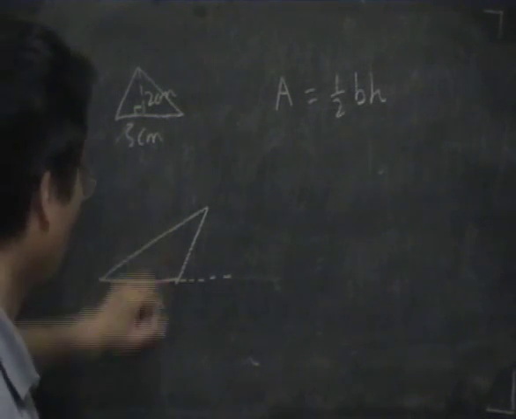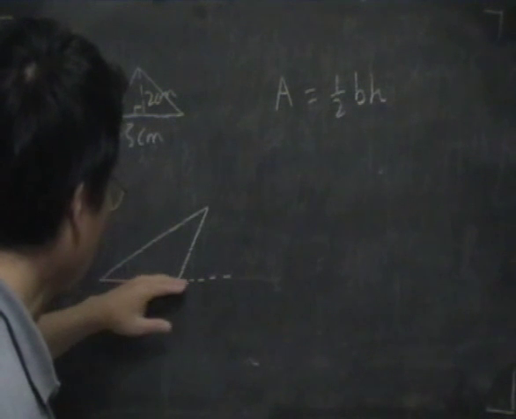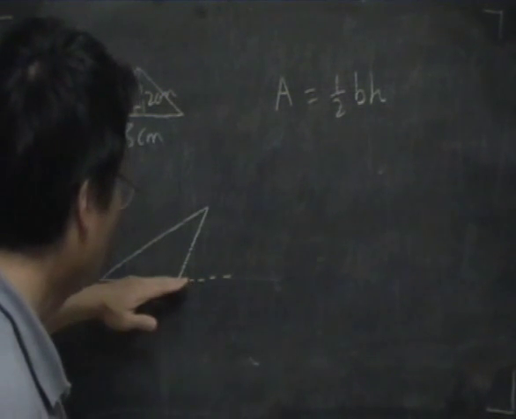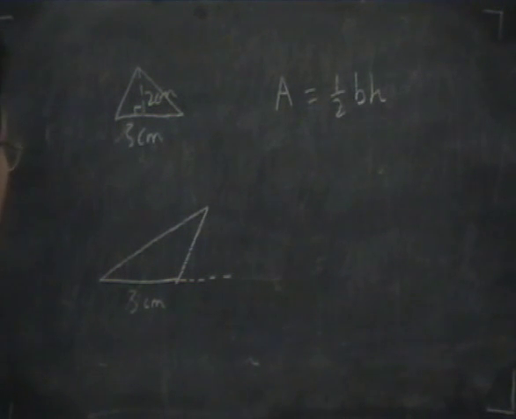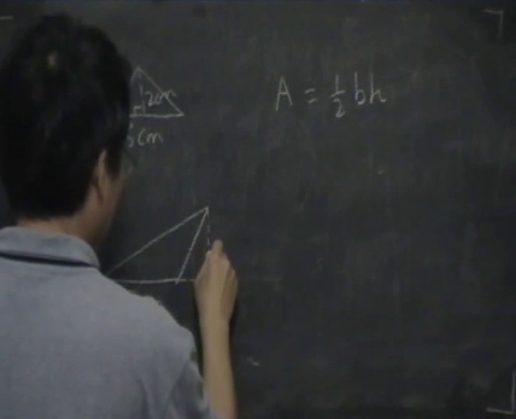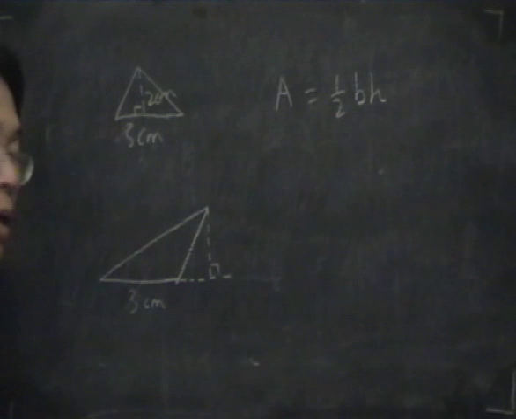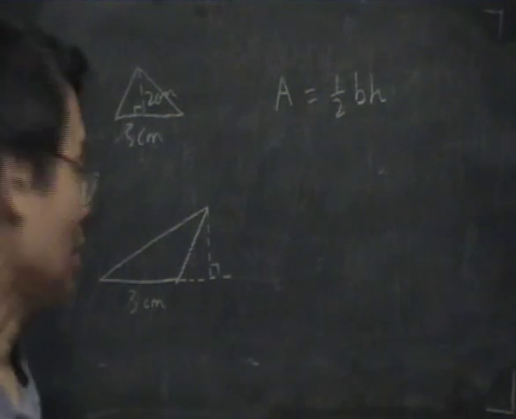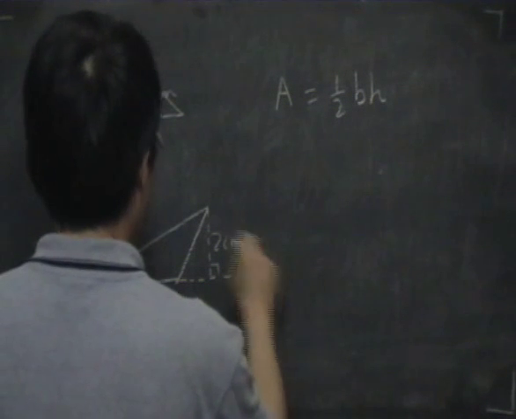Okay, the actual base is still 3 centimeters, of course, but just draw a line along the base so that it extends further. And then draw the vertical from the top to this extended line. And call that the height. So that's my height there. So let's say that's 2 centimeters.